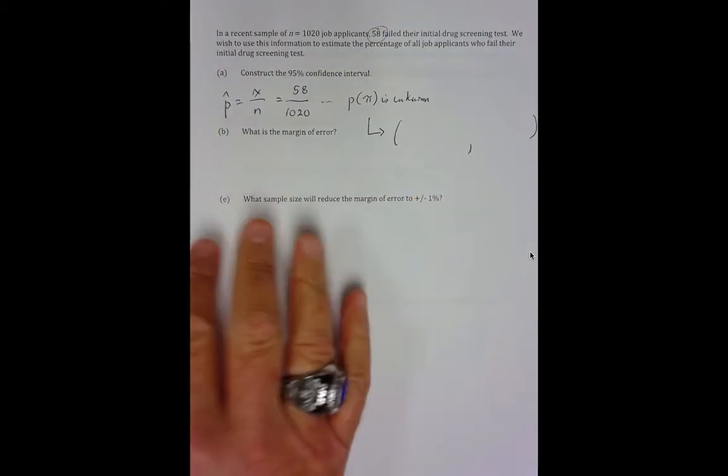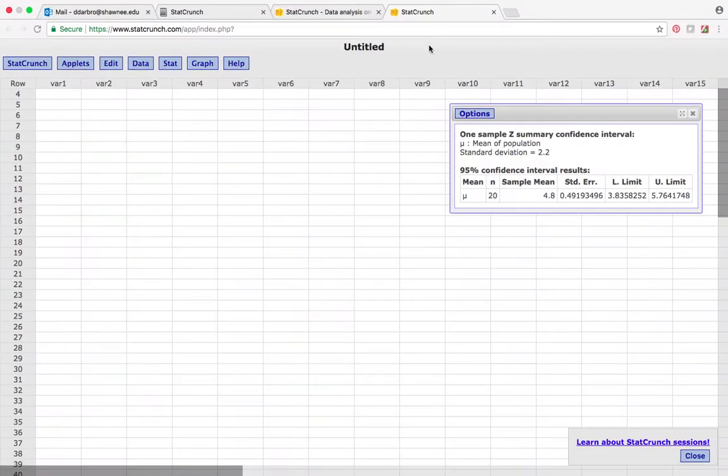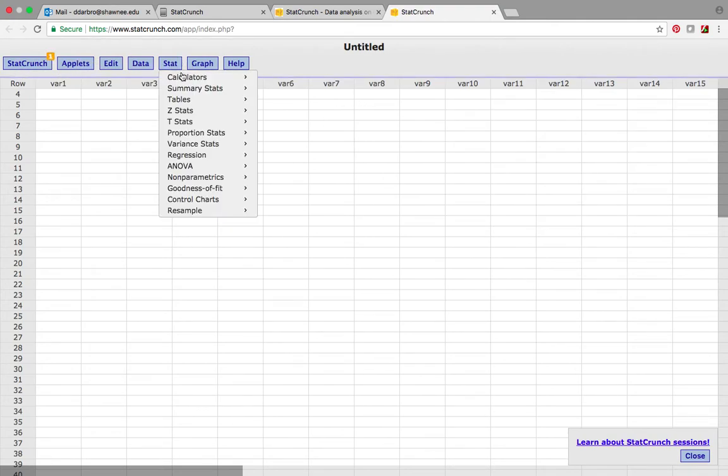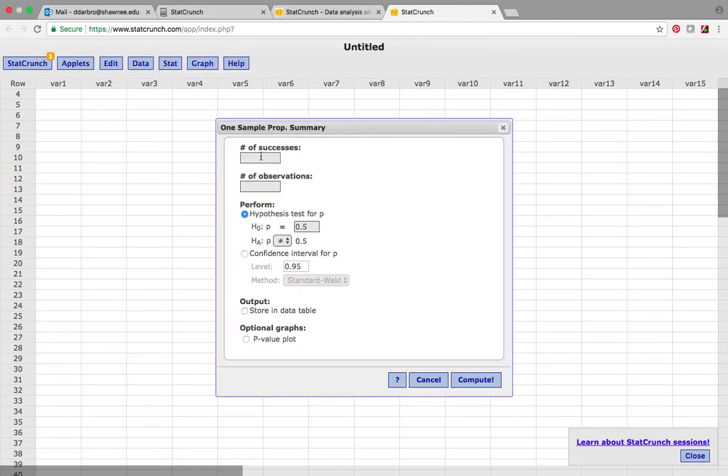And again, I'm going to go to StatCrunch and do that. So we'll go to Stat, go to Proportion Statistics, one sample with summary. So the number of successes.